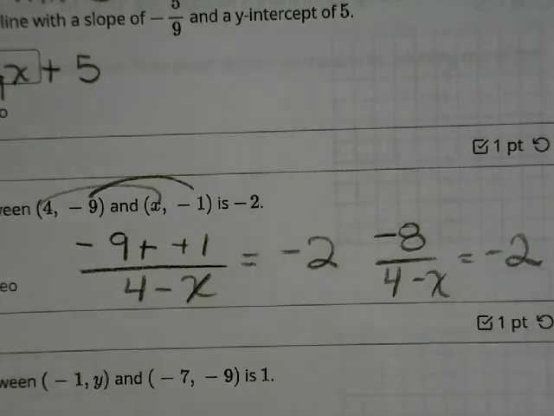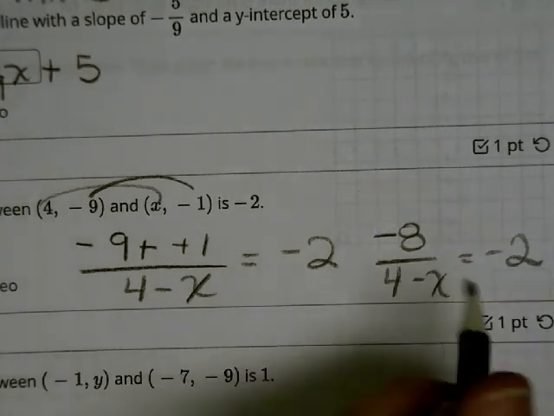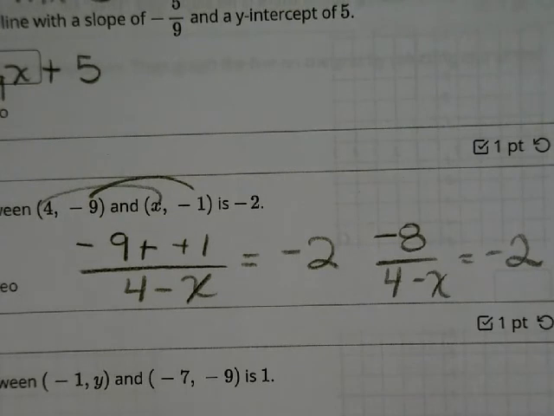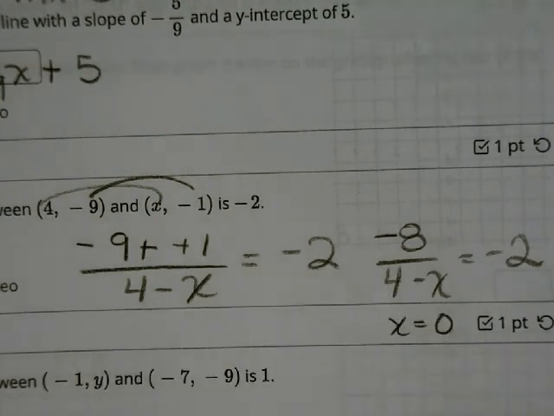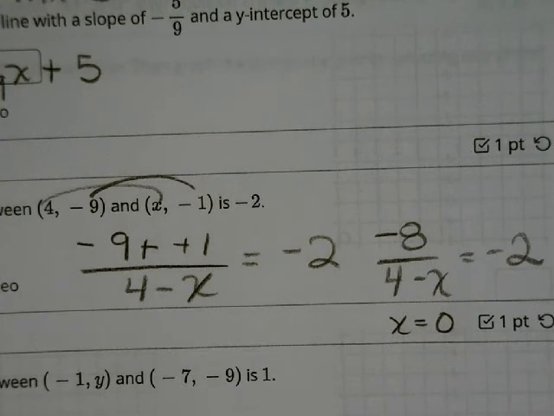You ready? Over 4 minus what is a -2. So what do I divide a -8 by to get a -2? 4. So x equals 0.